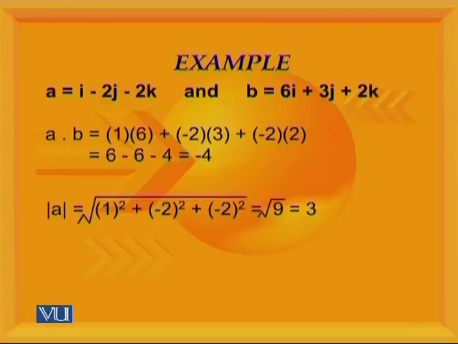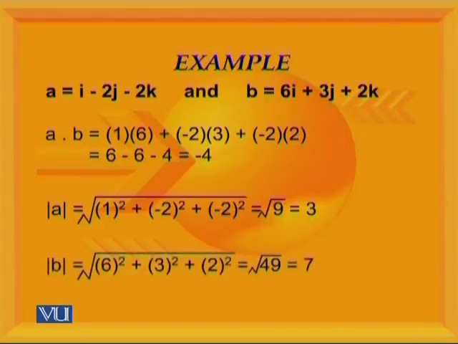So here the magnitude of A is the square root of 1 square plus minus 2 square plus minus 2 square, which is equal to square root of 9, which is 3. And magnitude of B is equal to square root of 6 square plus 3 square plus 2 square, which is square root of 49, and that is 7.